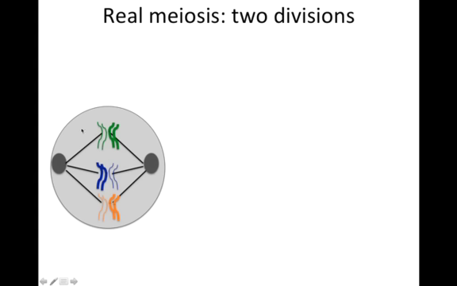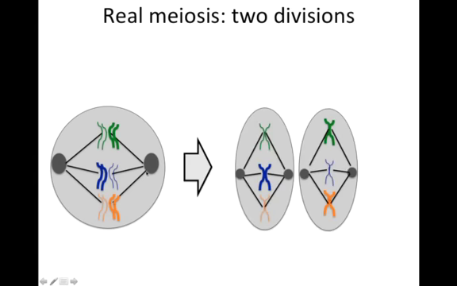So we're actually going to have to undergo 2 rounds of division. In the first round of division, what's going to happen is that these 2 attachment points, these centromeres to the microtubule, are going to get dragged to the right, and these 2 are going to get dragged to the left. These 2 are going to get dragged to the left. These 2 are going to get dragged to the right. And so then what we end up with is, ignoring for now the apparatus for division, if we just look at the chromosomes, we have the duplicated chromosomes here, here, and here, and here, here, and here.